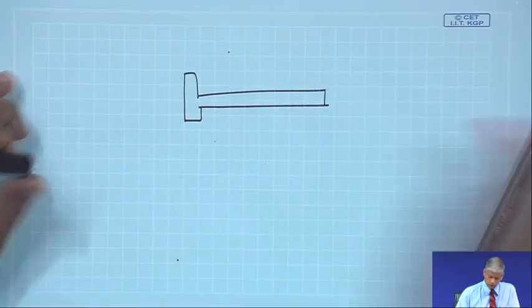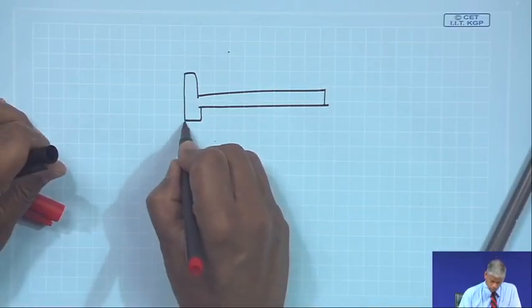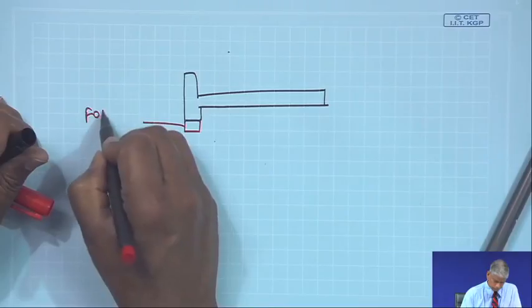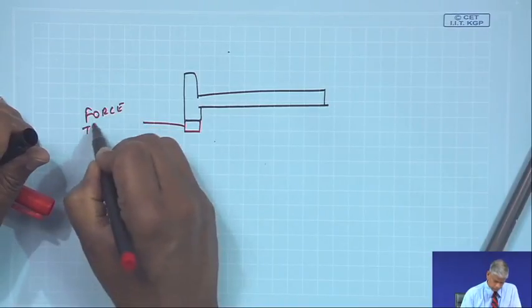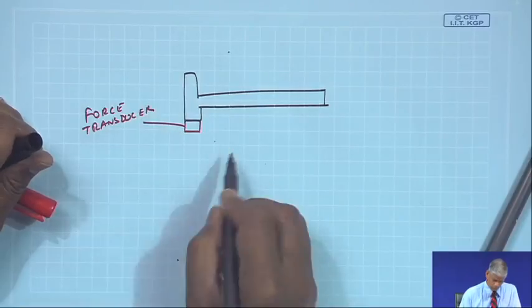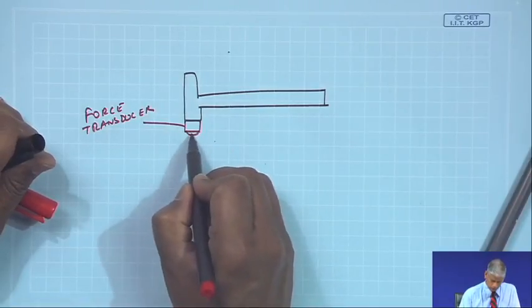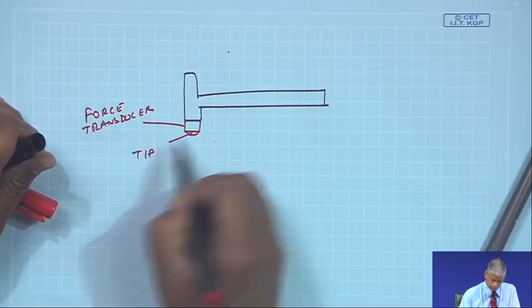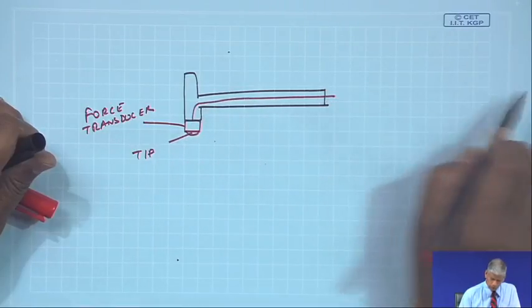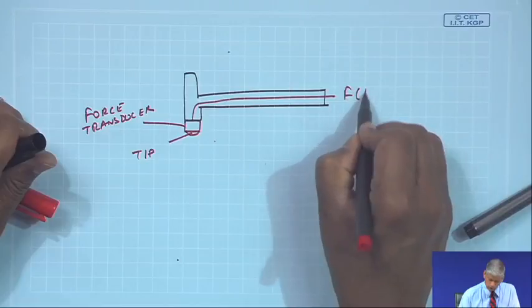And here on the tip we put a force transducer, and there could be some tip material, and of course, we have the cables to give you a signal f(t).